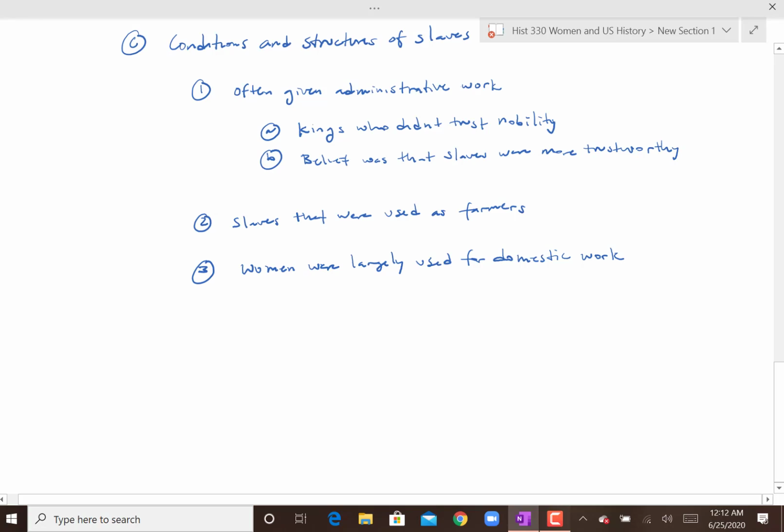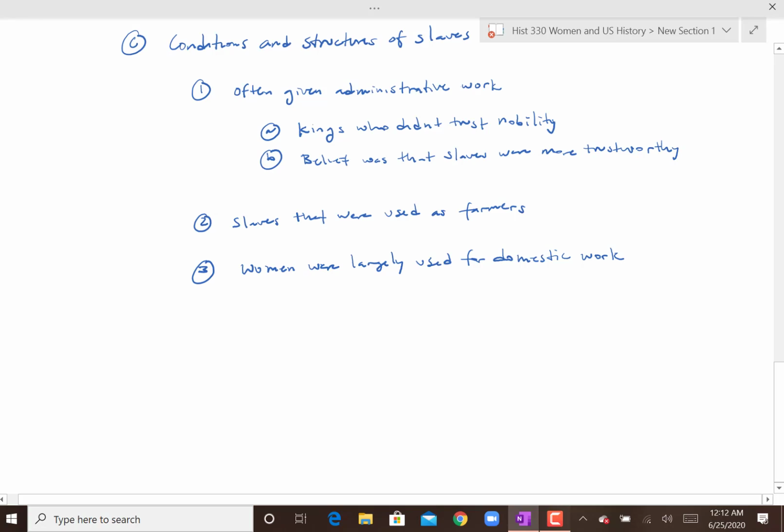Concubine was another thing, that you weren't technically a slave, but you weren't technically free either. It has a different term for it, right? Concubines are interesting because throughout the world, you had kings that often had multiple wives, and this was common in Asian kingdoms.